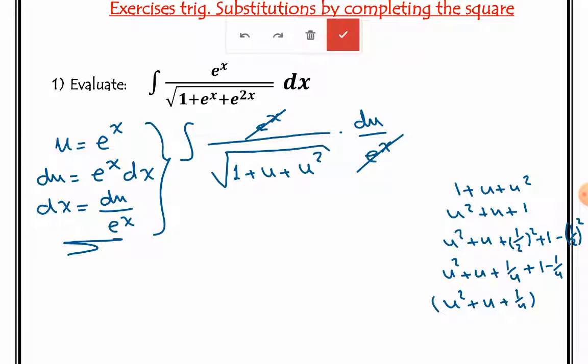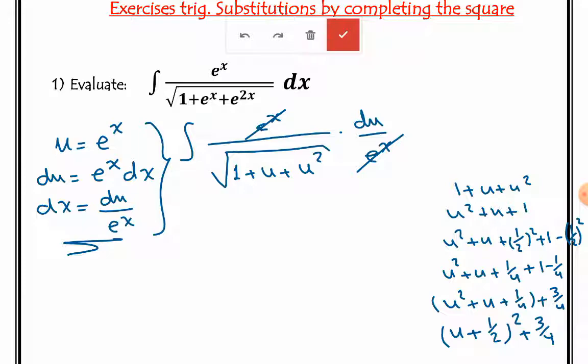What's the answer? 3 over 4, plus 3 over 4, the same. I will use only the last step. U squared plus u plus 1 over 4 will be u plus 1 over 2, and this all to the power of 2, plus 3 over 4.